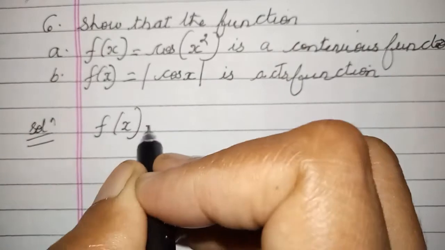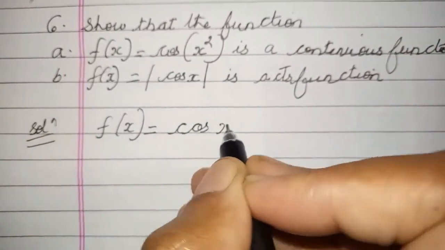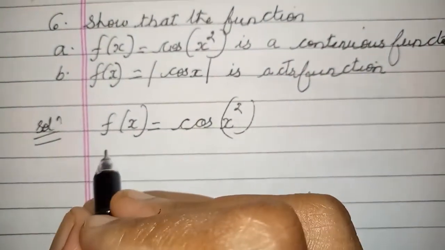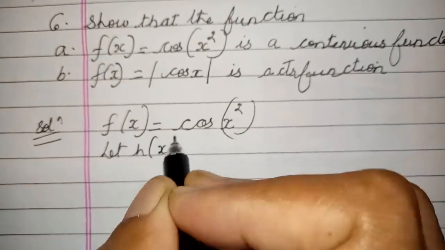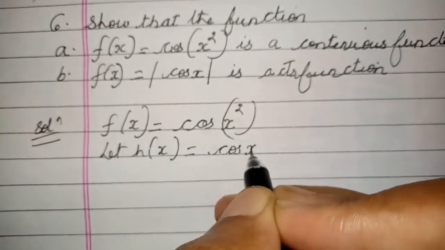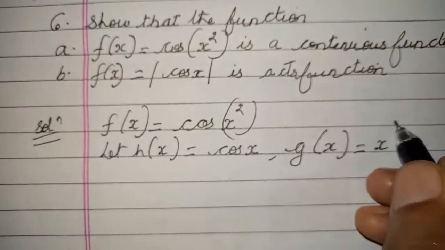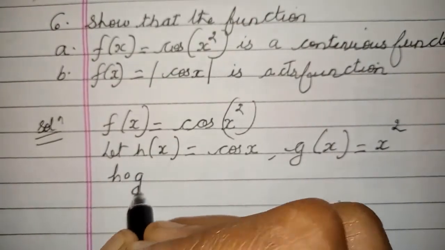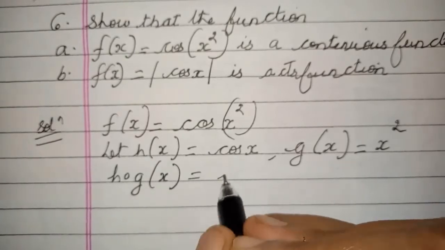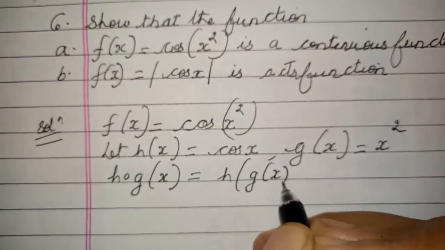So let me take f of x as cos of x square. Let h of x equal cos x and g of x equal x square. Now let me do h composite g at x. So h composite g at x will be h of g of x.